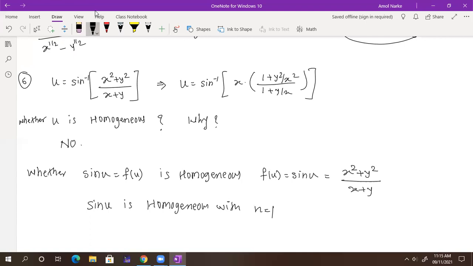Here u is not homogeneous, but f of u, that is sine u, is a homogeneous function. Got it, everyone? Any doubts for that last example?